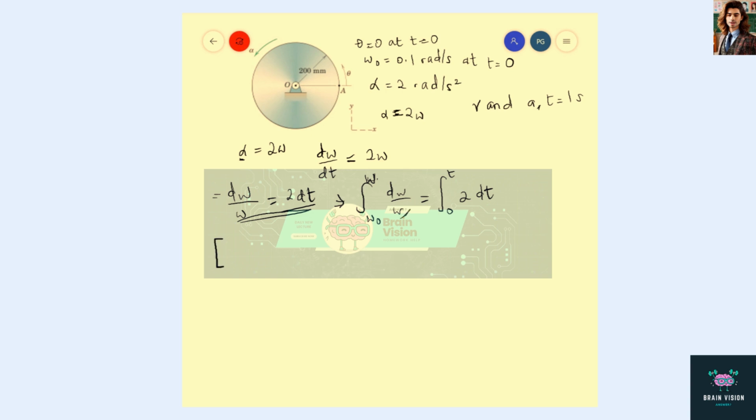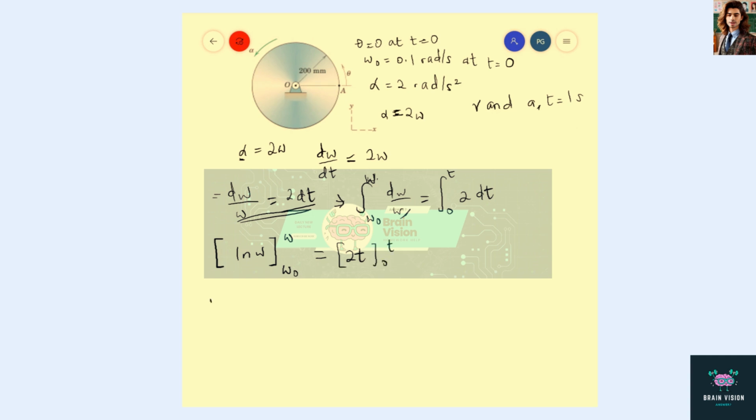We're pretty much integrating 1 over omega d omega, so this is going to be ln omega, from omega naught to omega, and this is equal to the integral of 2, which gives 2t, from 0 to t.